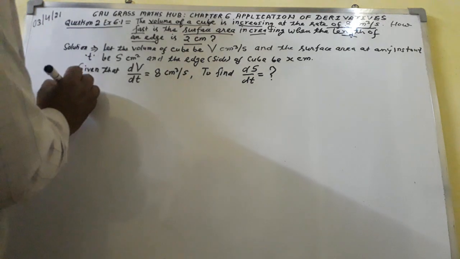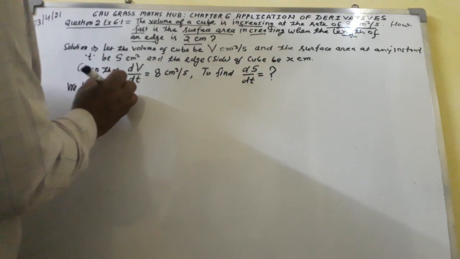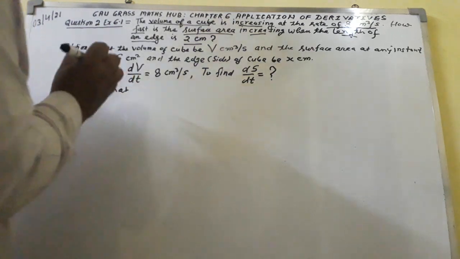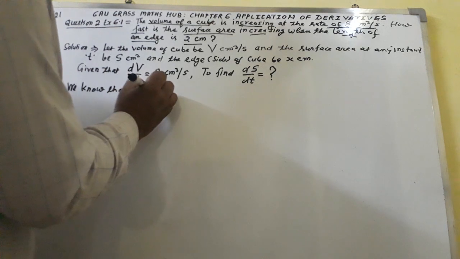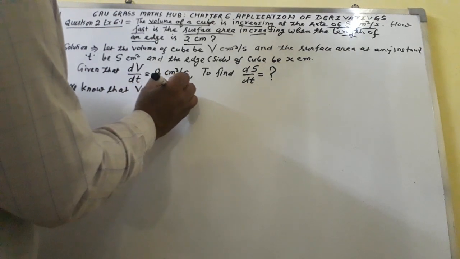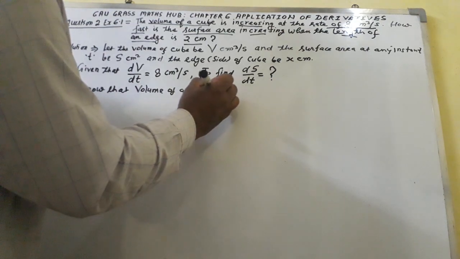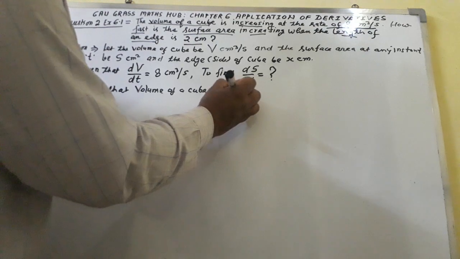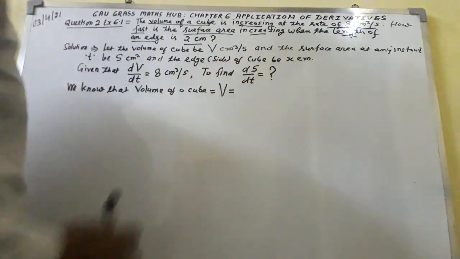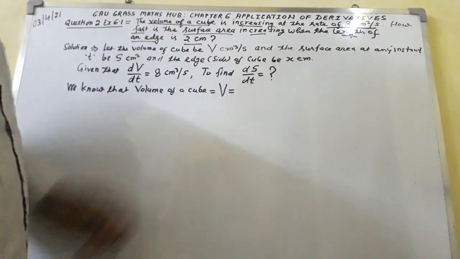So we know that the volume of a cube, capital V, equal to, here the edge side of a cube be x centimeter.